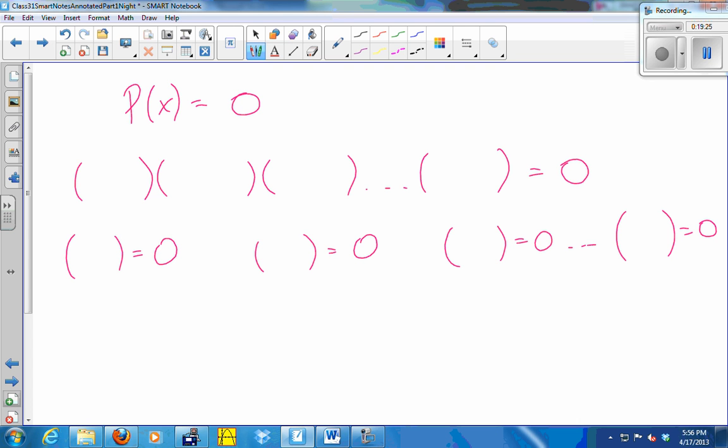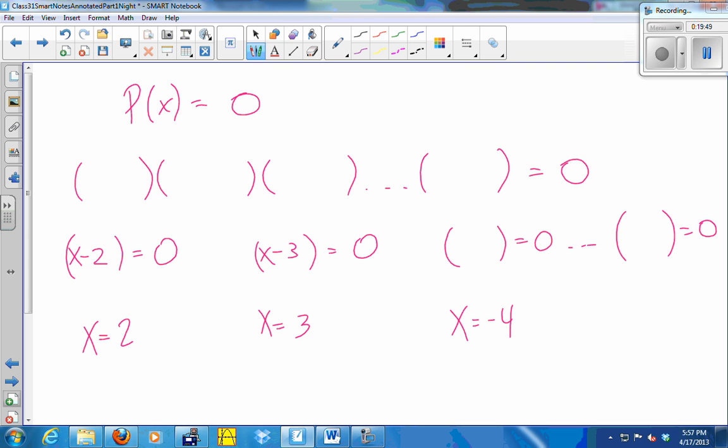So if I get like x equals 2, x equals 3, x equals negative 4, whatever I get for my zeros, to go backwards, if x equals 2, then what was in these parentheses had to have been x minus 2. And this had to have been x minus 3.